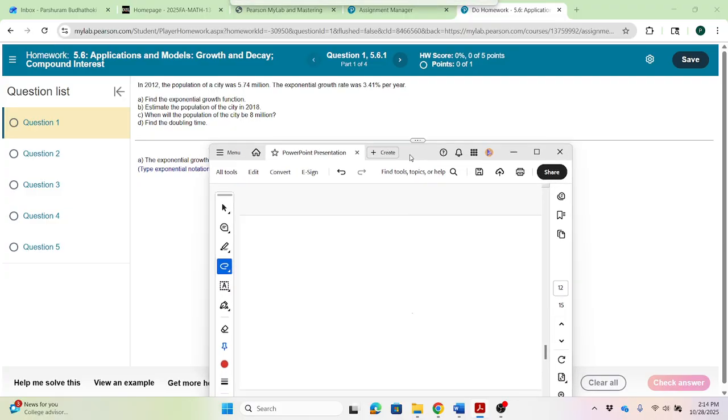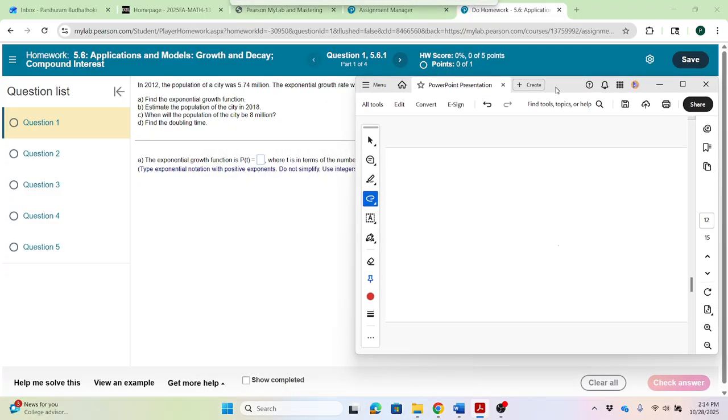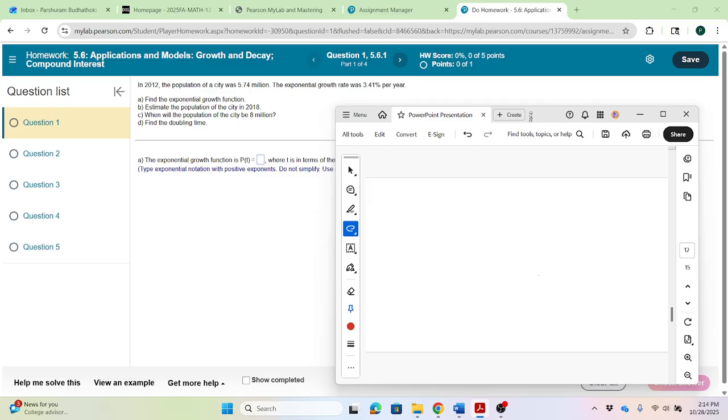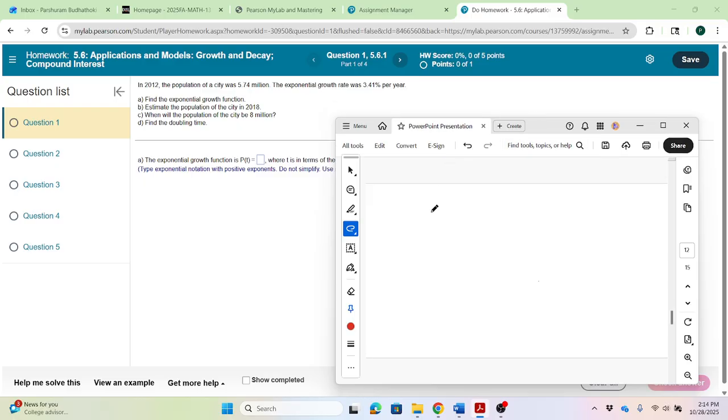It says in 2012 the population of a city was 5.74 million. The exponential growth rate was 3.41%. So the initial population was 5.74 million, and the growth rate k is 0.0341, which is 3.41%.